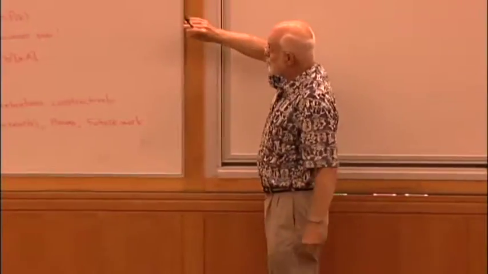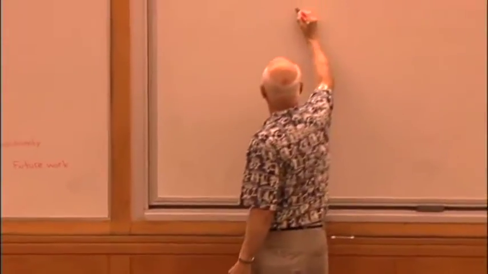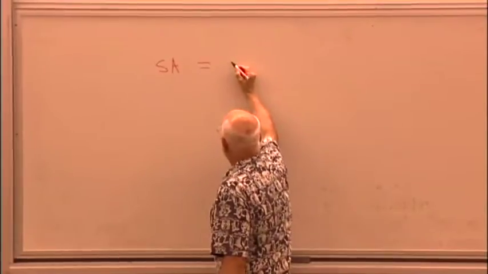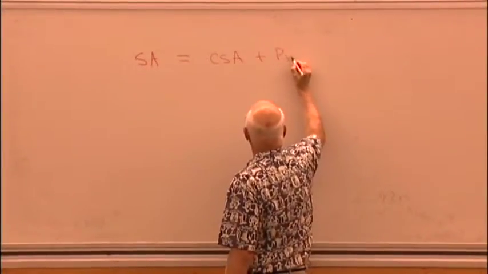So here's a conclusion, which is sort of stunning. Instead of talking about Gödel's theorem, I wanted to have this factoring. So we could say Scott arithmetic is going to be a constructive Scott arithmetic plus P or not P.